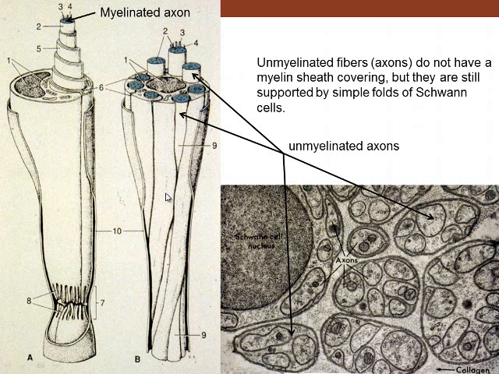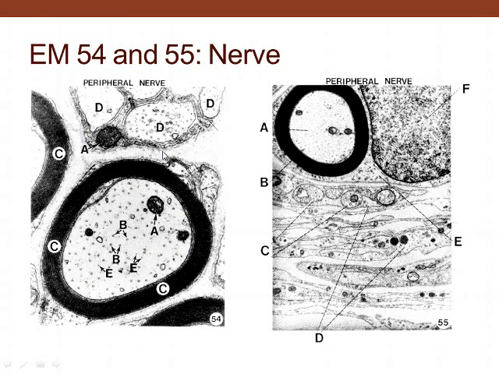In contrast, if it's non-myelinated, then one Schwann cell may accommodate several axons that are coming through there because they don't have to wrap the membrane around them. So in our EM54, we see the myelin sheath, we see the axon. So these would be the unmyelinated axon, and then this would be the myelinated axon, and it swirls the cytoplasm of the Schwann cell around it.